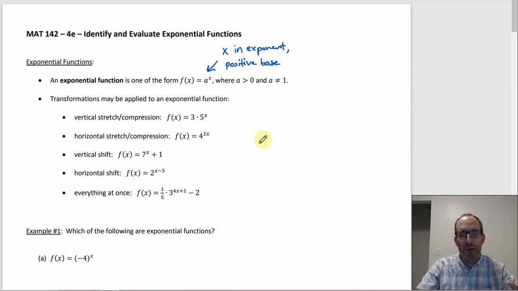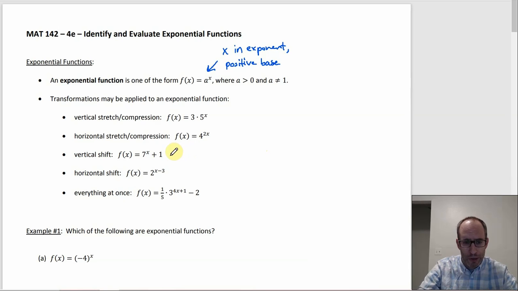You can still have the vertical stretches or compressions though. So that first one, 3 times 5 to the power of x, I've got a vertical stretch of 3. Then the horizontal stretch or compression, where there's a 2x in the exponent instead of an x, that's actually going to be a horizontal compression.